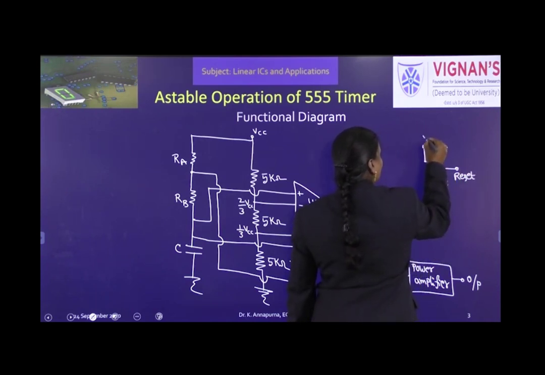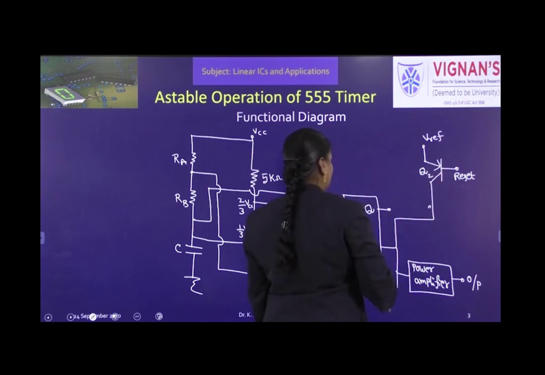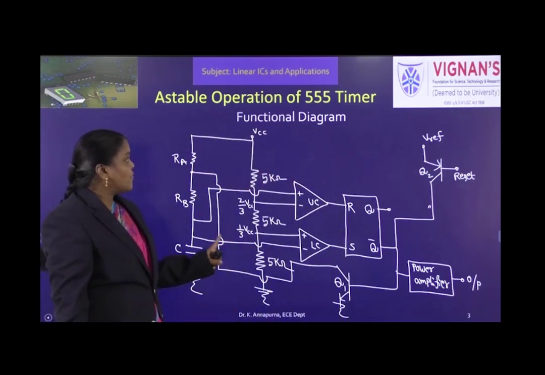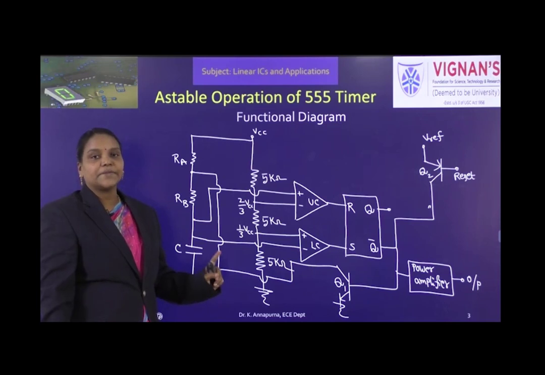This is the reference voltage. This is transistor Q2. Okay, this is the functional diagram of the 555 astable multivibrator.